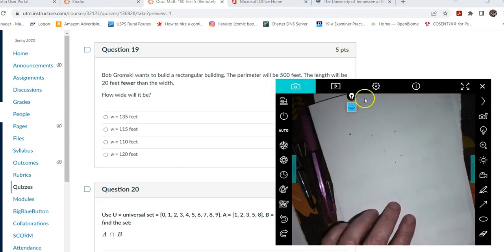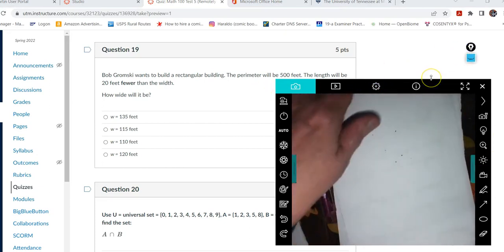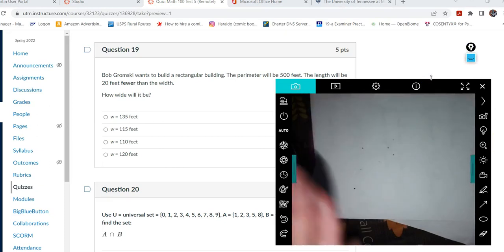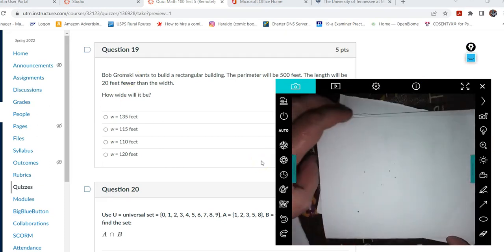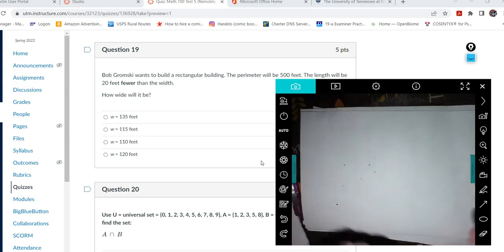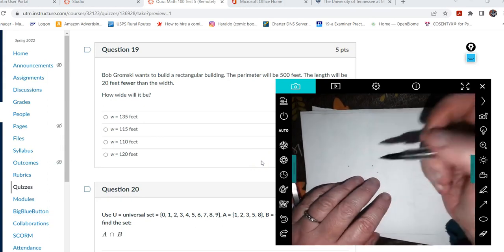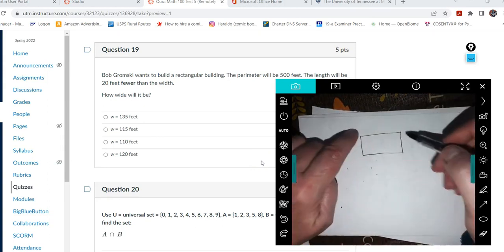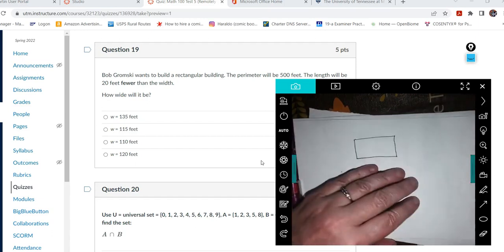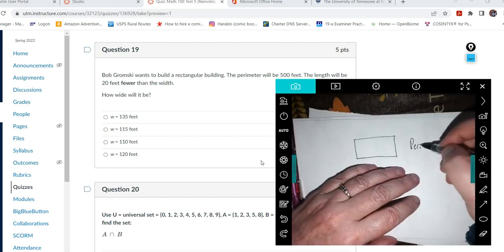Okay, so let me get this guy out of the way. All right, so it says Bob Gromsky wants to build a rectangular building and the perimeter will be 500 feet. So the perimeter means when you add up these four sides, you'll get 500.